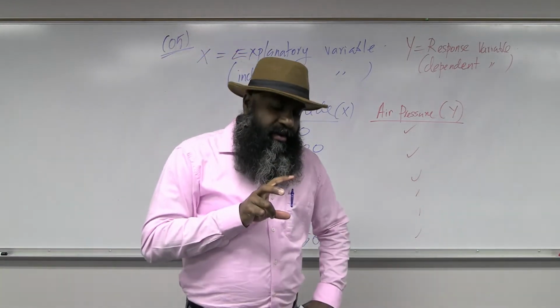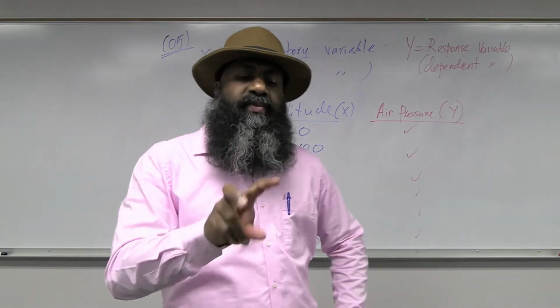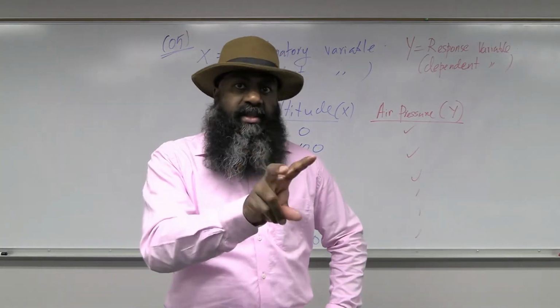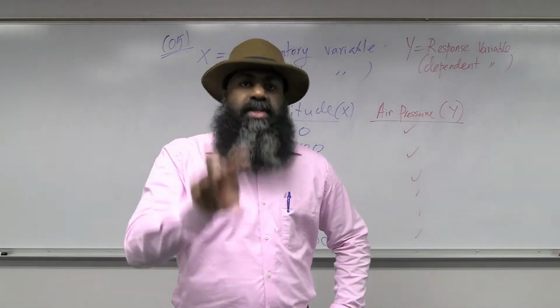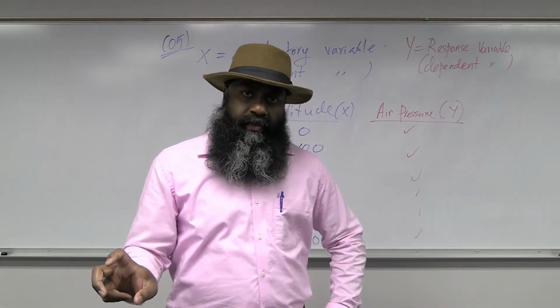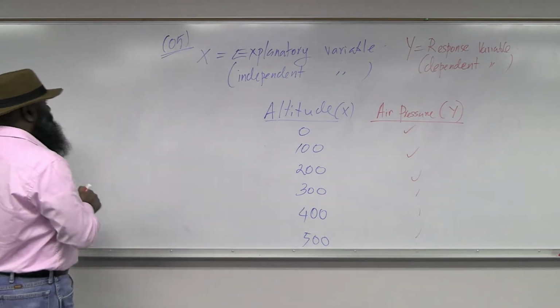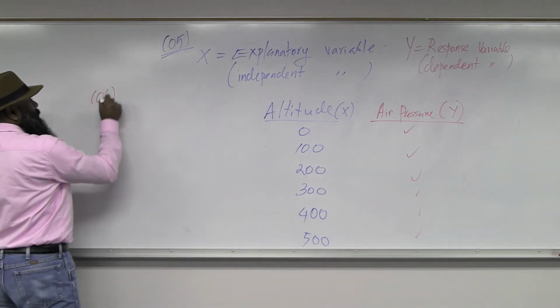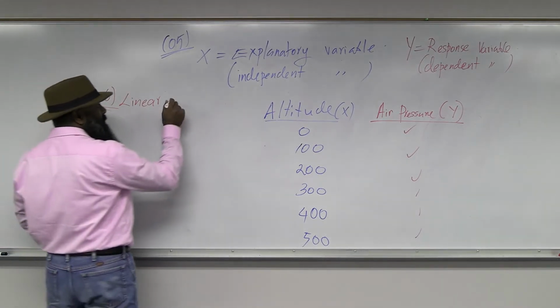But if I ask that question again in a simpler way, how do we figure out if there is a linear relationship between the two variables? That's a very straightforward question, and that's the question we are going to answer now. There are two ways to figure out linear relationships. This is given under point number 6.